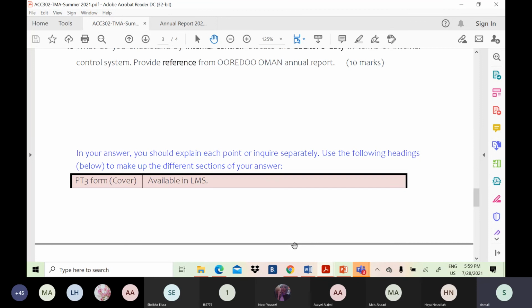You must start the TMA by putting the BE3 form page. All I need you to write is your name, your ID, your section number, nothing else. Ignore my name, it's not important at all. Anything else you can leave, I have no problem. The year and which term, not important. Ignore this. Your name, your ID, your section number.